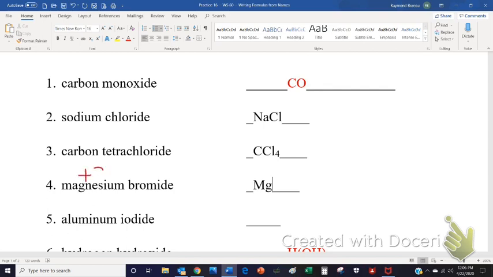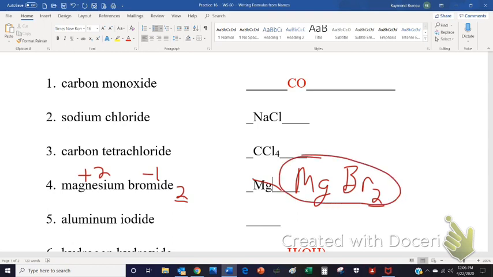Magnesium is +2, bromine is -1. So how many -1s will match that +2? That answer is 2. So magnesium, I'll go ahead and write it all out here. Right there. So whatever you put here, you're also going to put here, and this is your final formula, magnesium bromide.